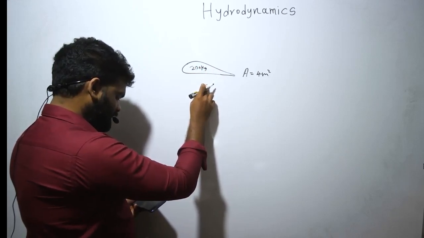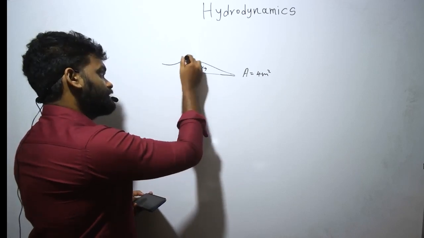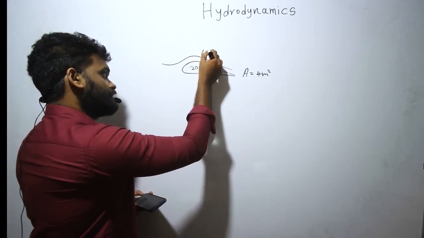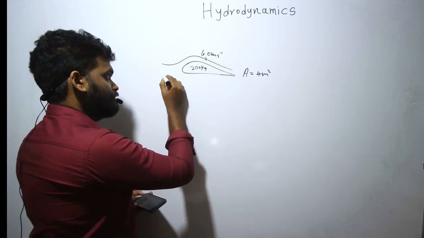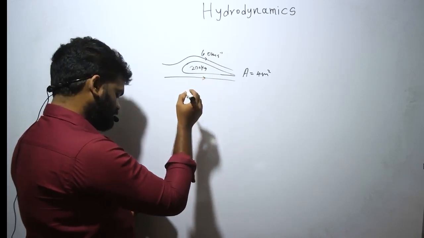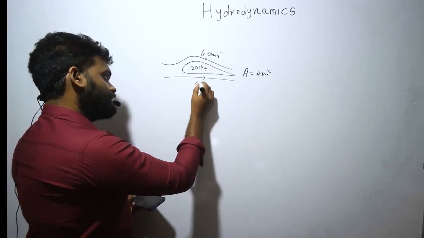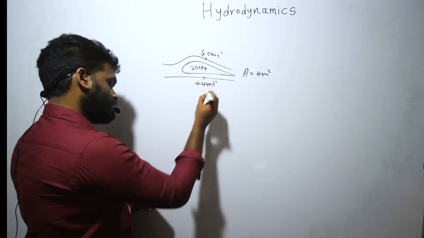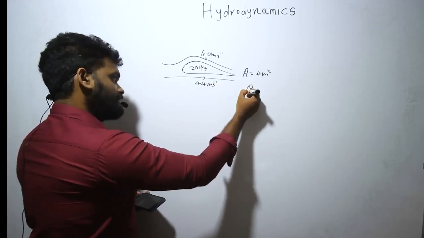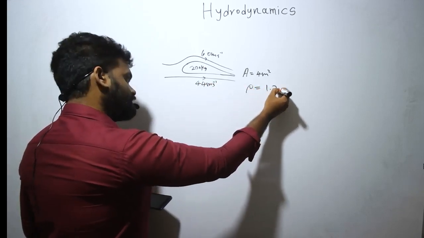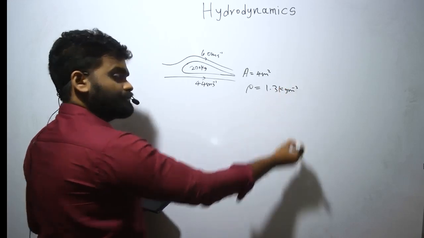Speed of streamlines above and below: above, it has a speed of 60 meters per second. Below, it has 44 meters per second. And the density of air is given as 1.3 kg m^-3.